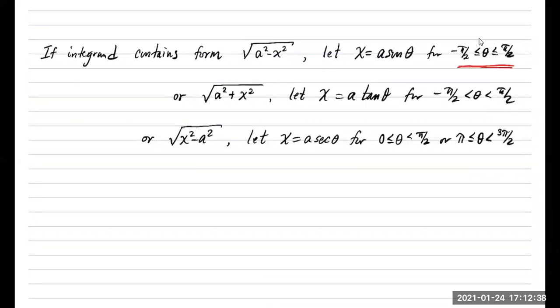That's the square root of the cosine squared has to return something positive because we're talking about the principal square root. Same here, this is quadrants 1 and 4. And then of course, these right here, this is quadrants 1 and 3. So those are the substitutions you're going to want to make if your integrand contains any one of these 3.